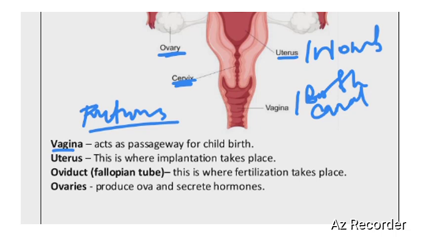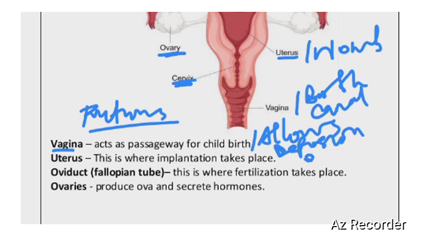Another function is that it allows deposition of sperms. So the vagina has two functions: it allows passage for the child during birth, and at the same time allows for deposition of sperms.